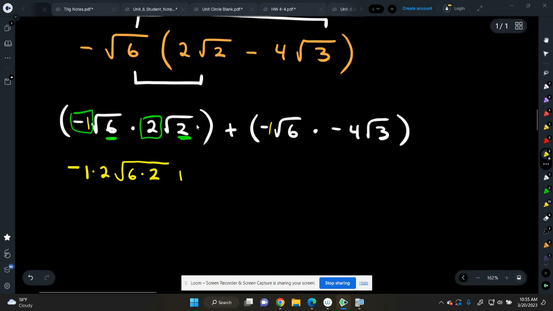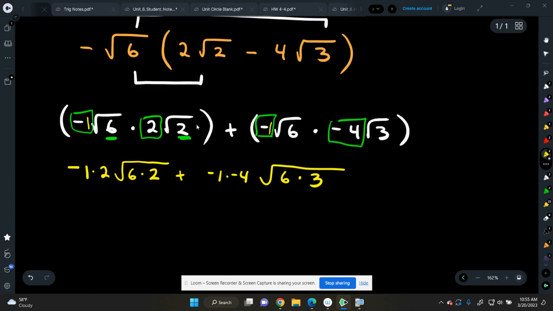Now we've got plus. Here's the outside again. Negative 1, negative 4. They're both on the outside. So we multiply them together. Negative 1 times negative 4. And then on the inside, we have 6 times 3. Everybody with me?